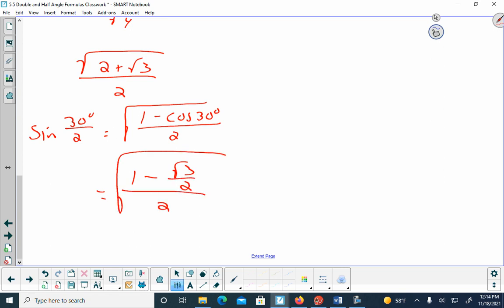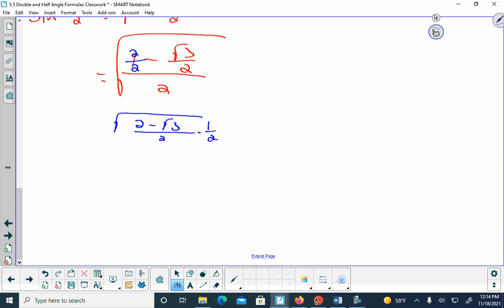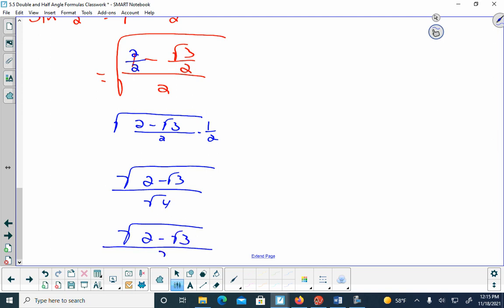So it's going to be the same answer you just got, except it's going to have a minus sign. So I'm going to have the square root of 2 minus the square root of 3 over 2 times 1/2. So 2 minus the square root of 3 over the square root of 4. Again, 15 degrees is in the first quadrant. It's going to be positive.